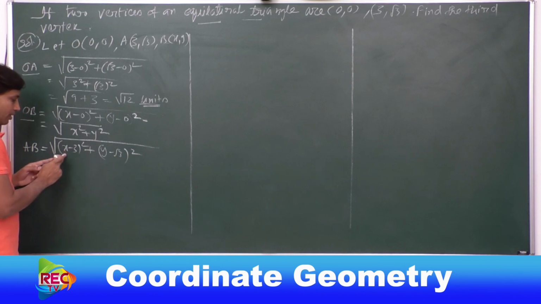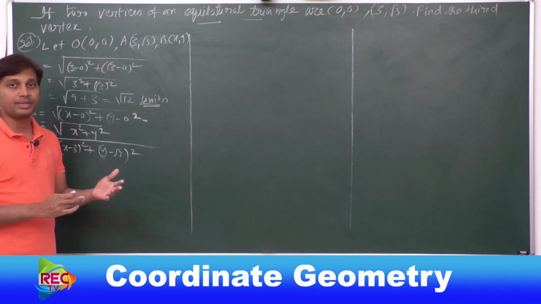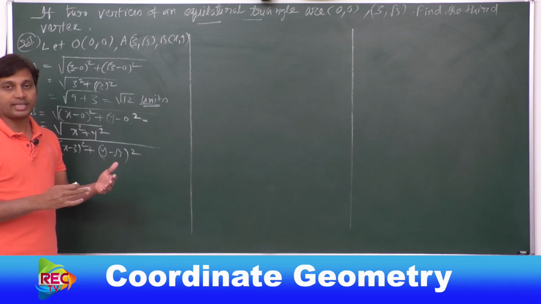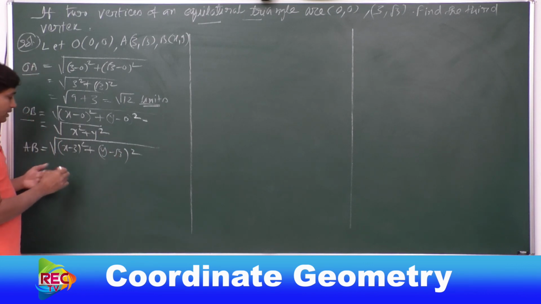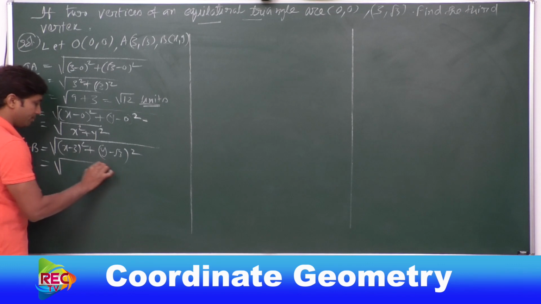Okay, now if you observe here, if you consider this x as a and 3 as b, then this is in the form of a minus b whole square, which can be expanded into a square minus 2ab plus b square, which is a standard algebraic identity. So see here how to expand it.